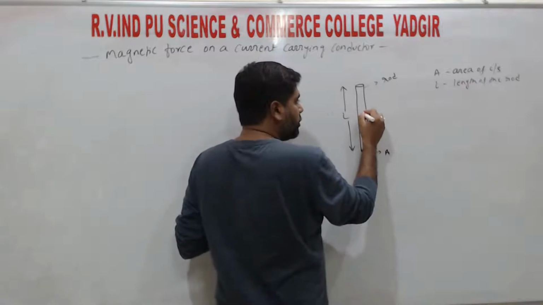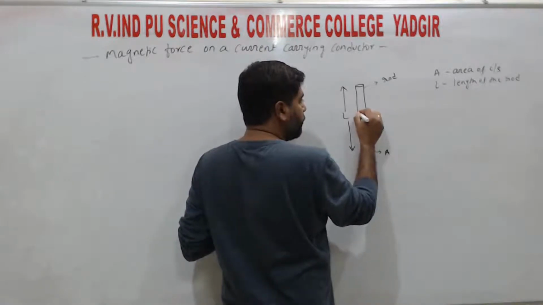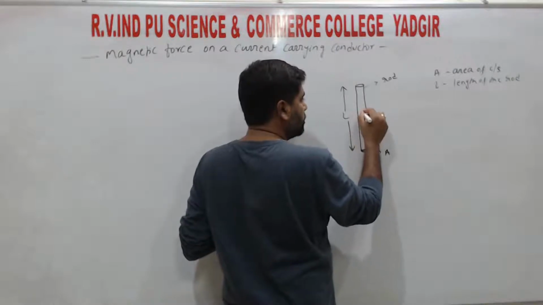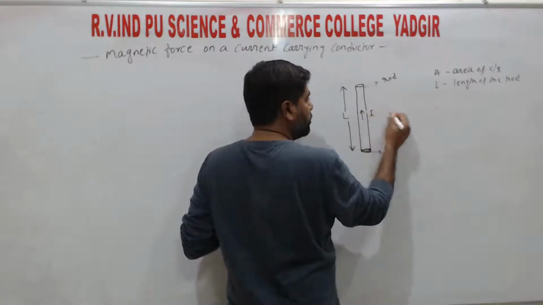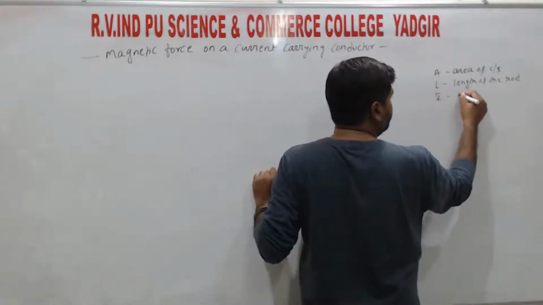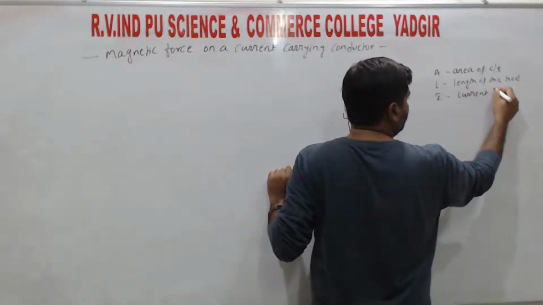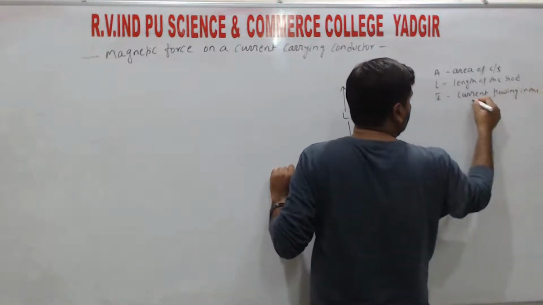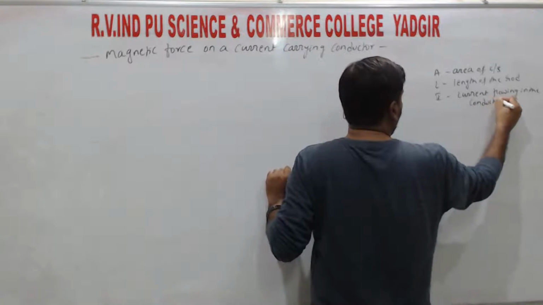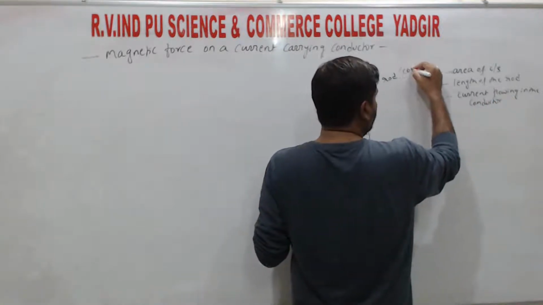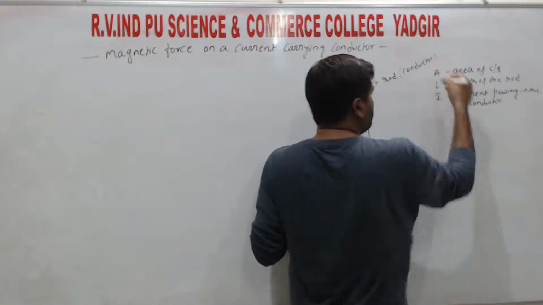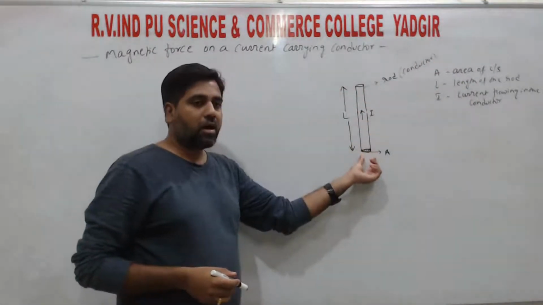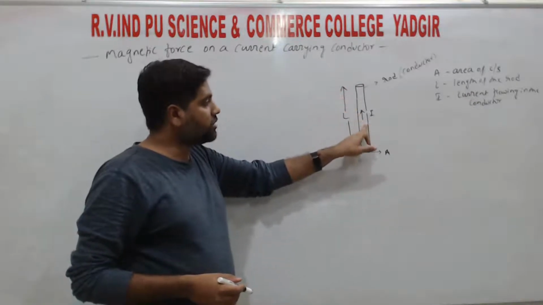In this rod, I is the current flowing, the current flowing in the conductor. We say rod or conductor. So consider a conductor of uniform cross-sectional area having length L, and I is the current flowing in the conductor.